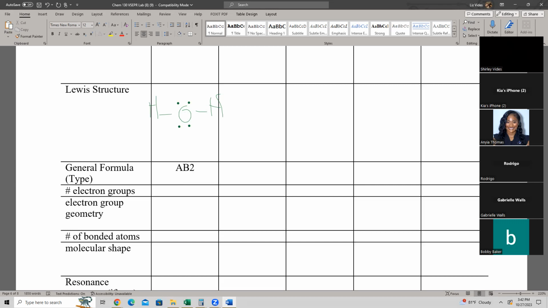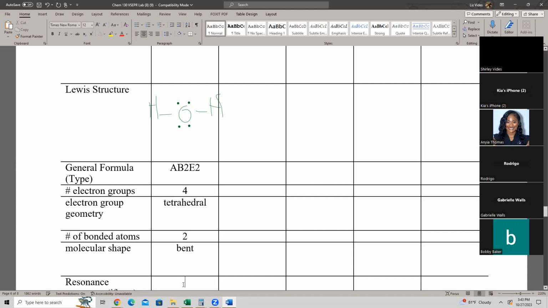Are there any electron pairs? Yes. How many? 2. See? So the electron groups, there's actually 4. The electron group geometry would be tetrahedral, right? Number of bonded atoms, we have only 2. Molecular shape is bent.